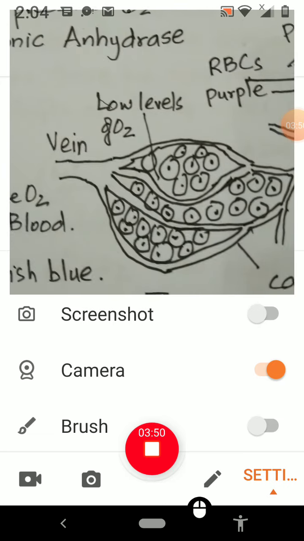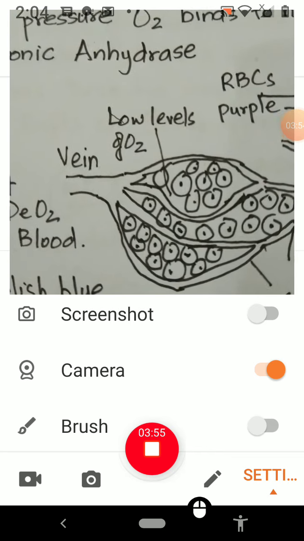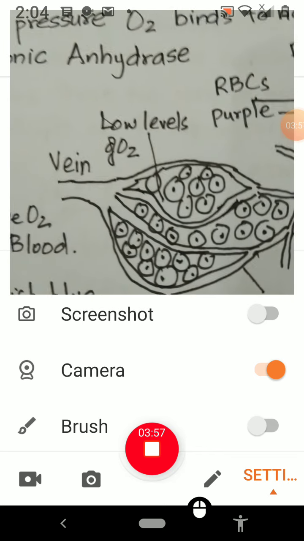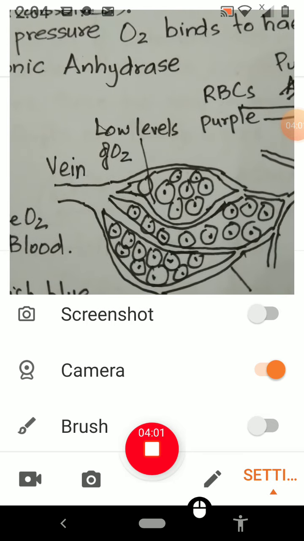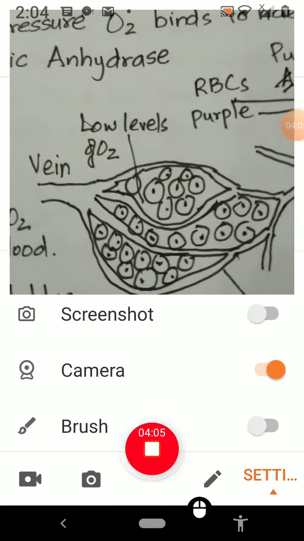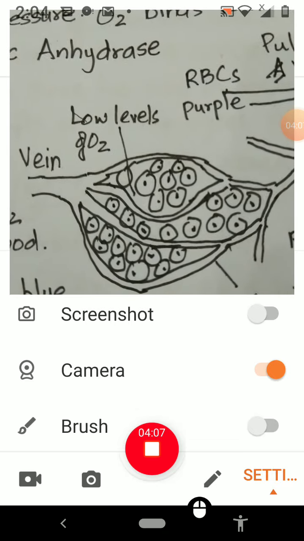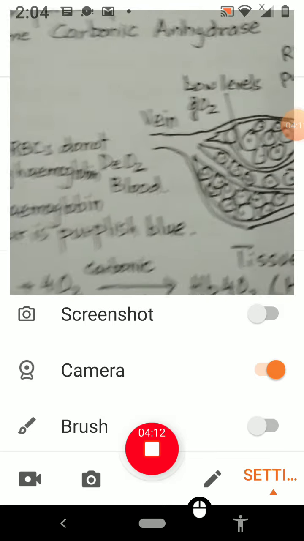The hemoglobin in the RBCs is carried into the veins, so therefore it is purplish blue. So the veins under our skin appear blue because of this reason. The oxygen goes into the tissue to meet the demands of aerobic respiration.